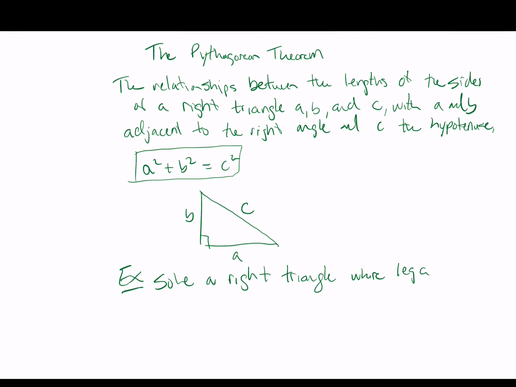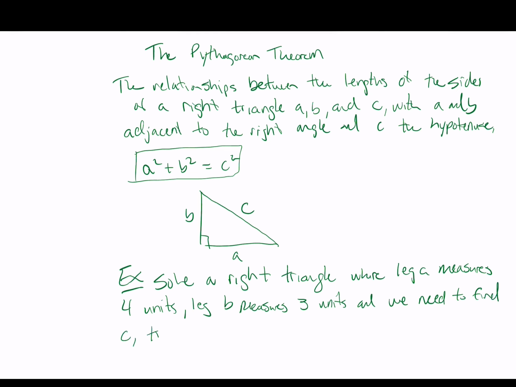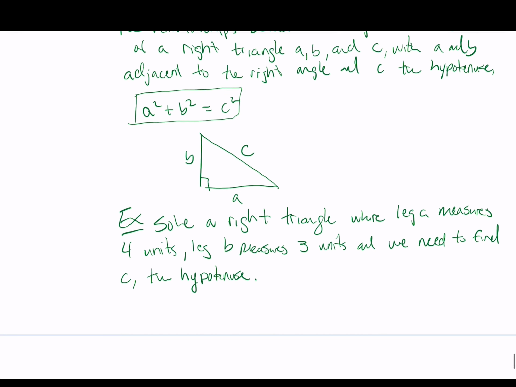where leg A measures 4 units, leg B measures 3 units, and we need to find C, the hypotenuse. Okay.